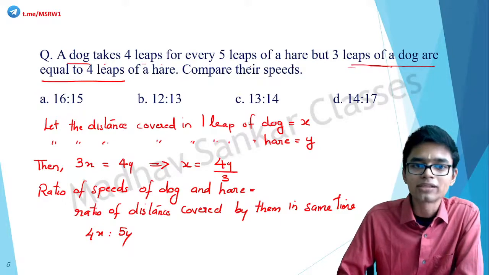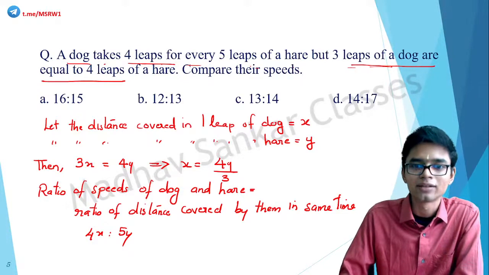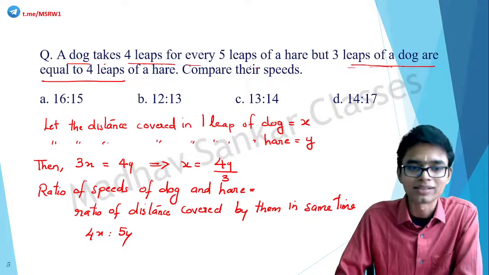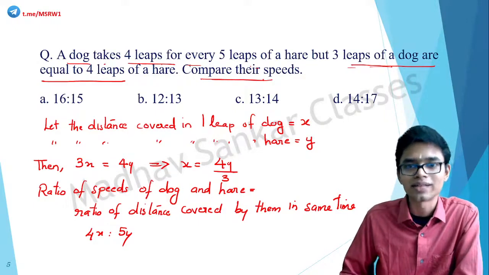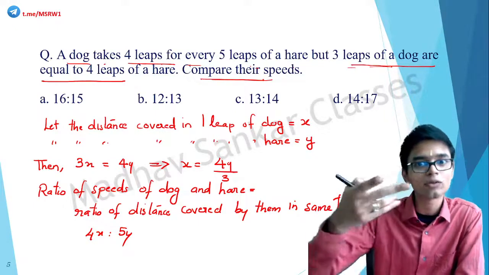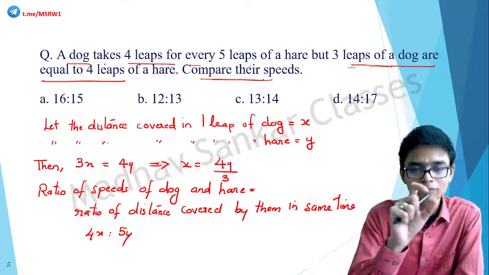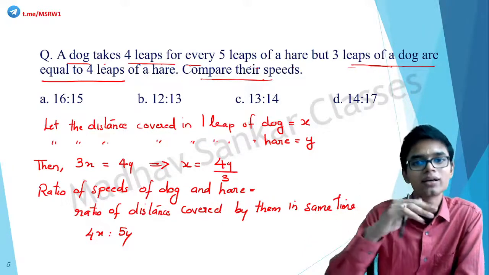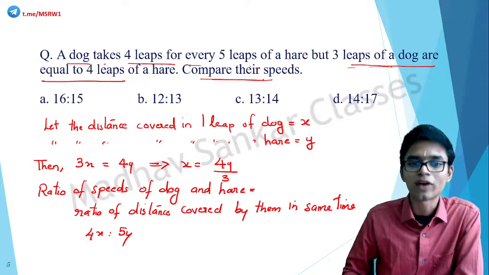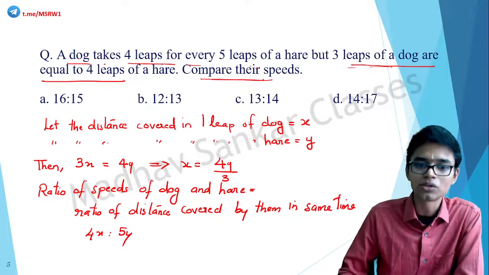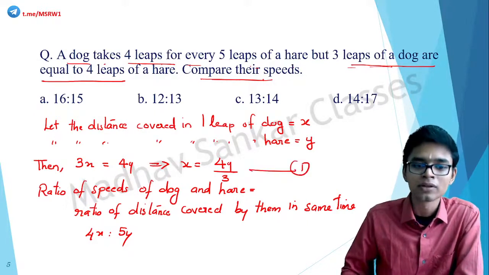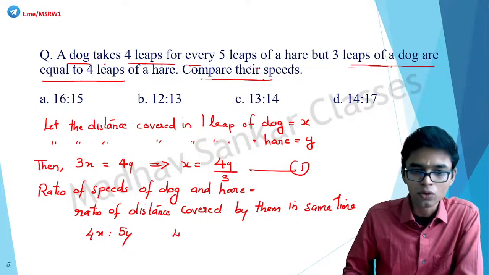So a dog takes 4 leaps for every 5 leaps of the hare. Okay, so this is the ratio of their distances. Question is asking for the ratio of their speeds. Correct? So these ratios will be same. If it was the ratio of time, then that would be reciprocal. Correct? But as for speed and distance, the ratios will be accordingly matched. So 4x is to 5y is the ratio of their distance. So simply substituting the value of x from this equation, we get 4 into 4y by 3 is to 5y.